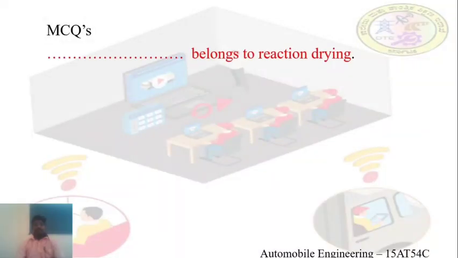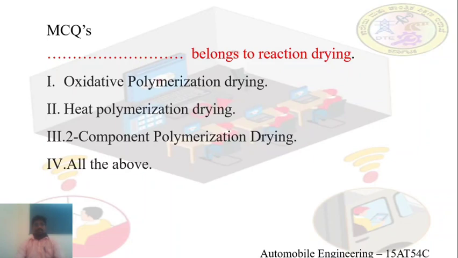The second question is: dash belongs to the reaction drying. You need to identify the type of drying which belongs to the category of reaction drying. The options are: oxidative polymerization drying, heat polymerization drying, two component polymerization drying, and all the above.